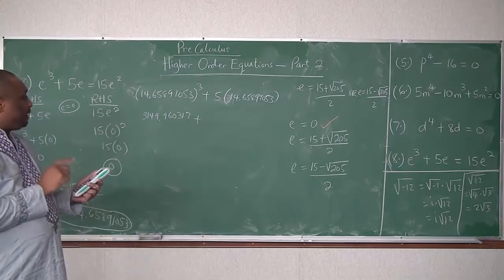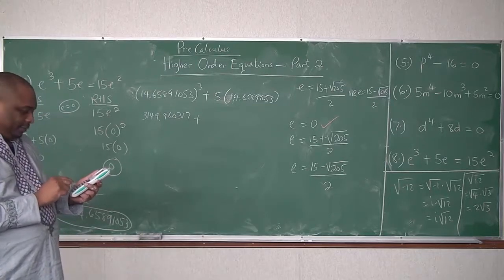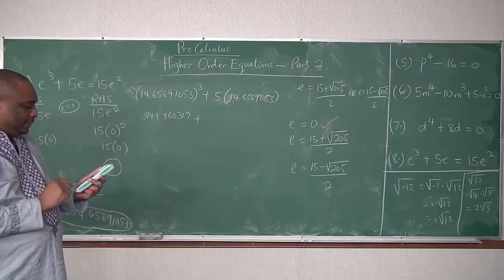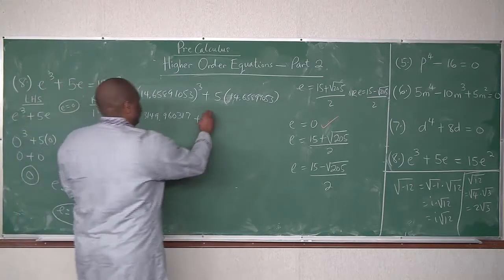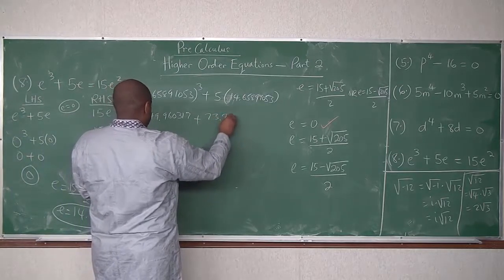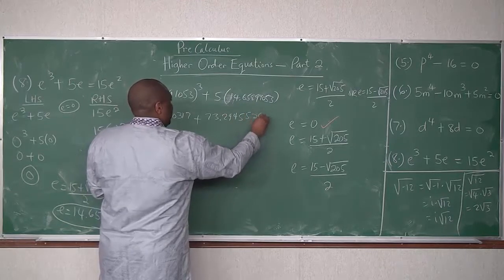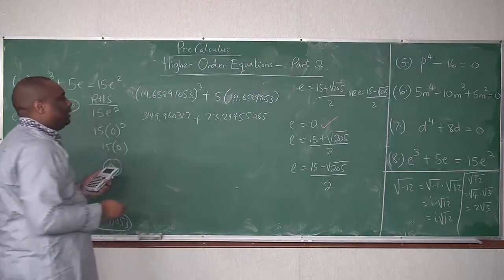Okay, this is 5 times 14.65891053. Okay, gives me this. Then this is 73.29455265. Okay, if I add it up, what am I gonna get?